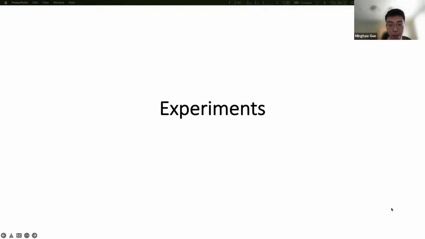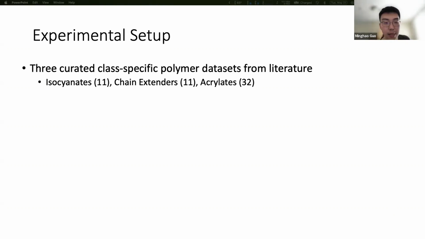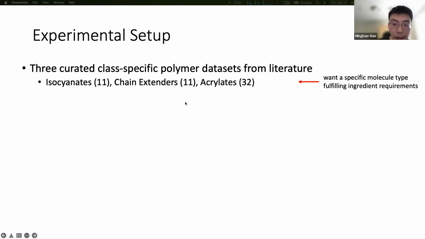And here we show some experiment results, and we evaluate the overall algorithm across several data sets. First, as we said before, our target is to generate class-specific monomers or polymers, and we curate some class-specific data sets, each of which consists of only around 20 training samples.